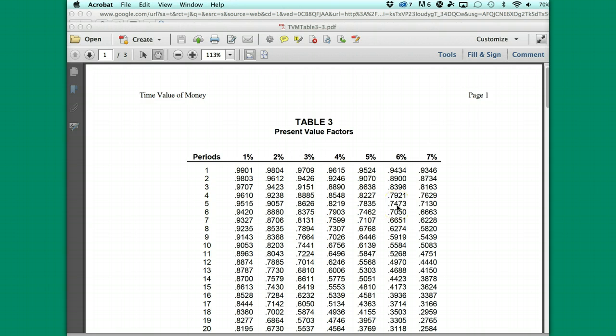If I take my amount of money, $10,000, and multiply it by 0.7473, I get $7,473. That answer represents the amount of money I have to invest today. If I invest $7,473 today at 6% interest and let it sit there for 5 years, I'm going to have $10,000.